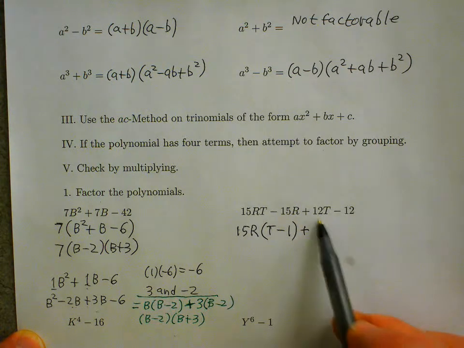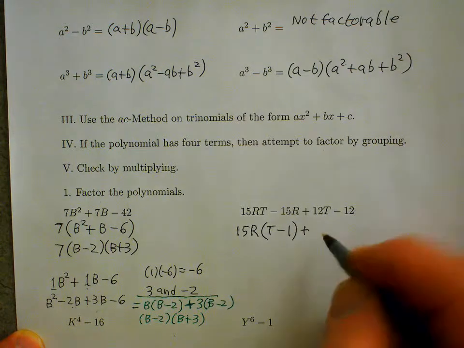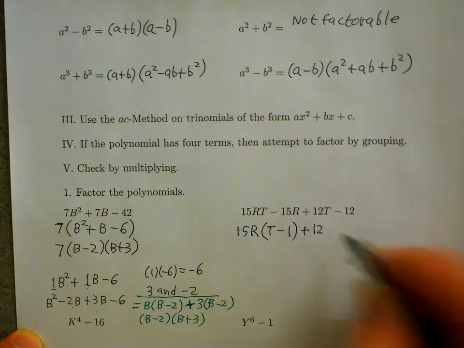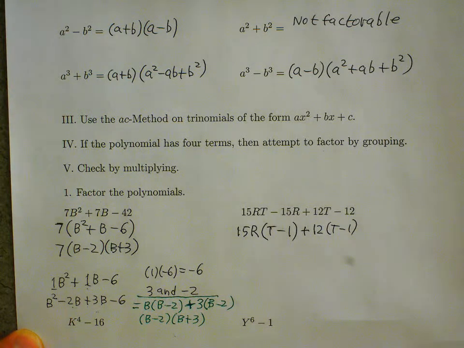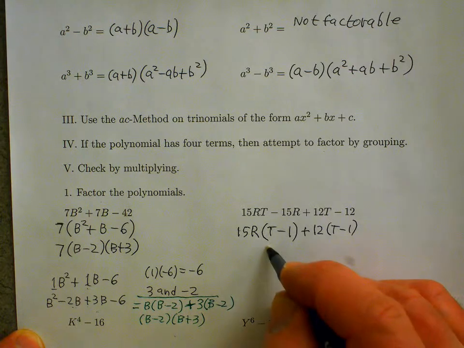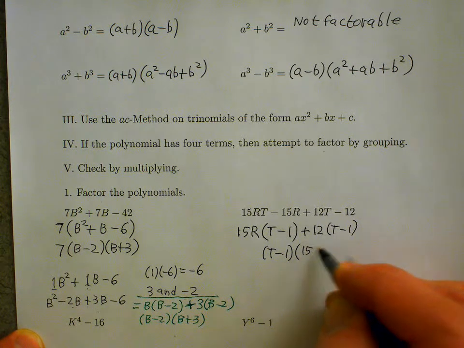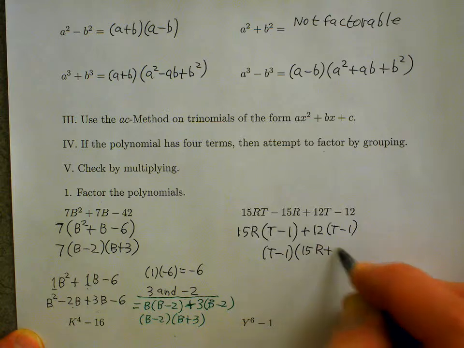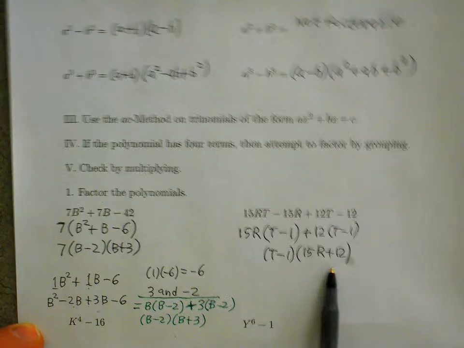And then out of the third and fourth terms, we can factor out 12. And the other factor is t minus 1. And then when we factor t minus 1, the other factor is 15r plus 12. So is that the complete factorization?